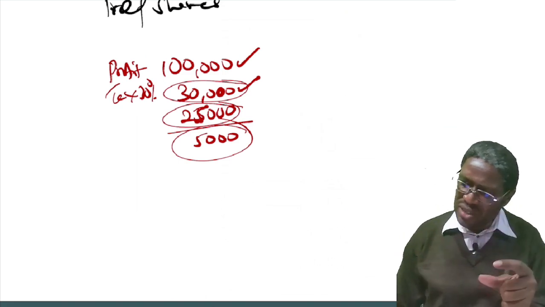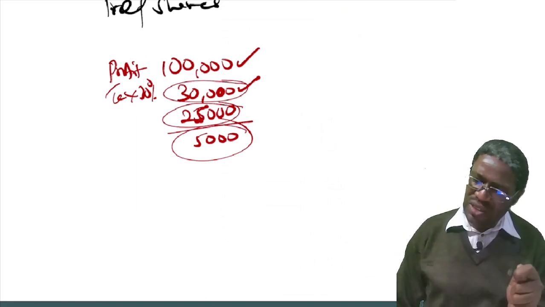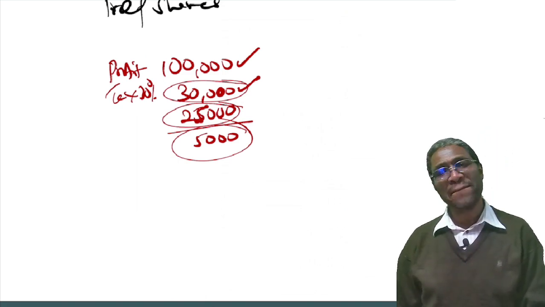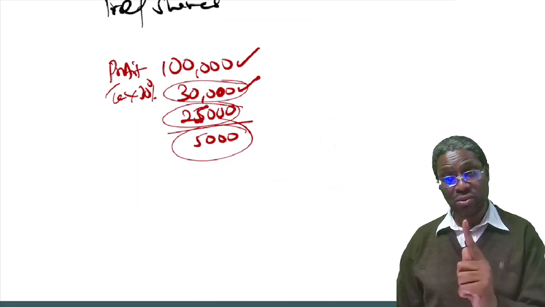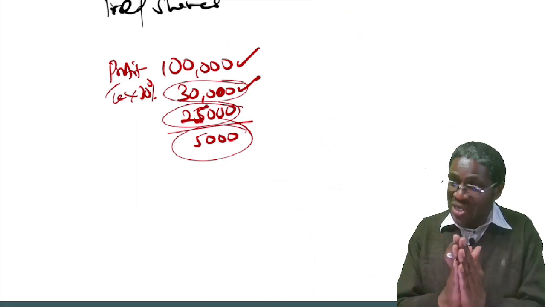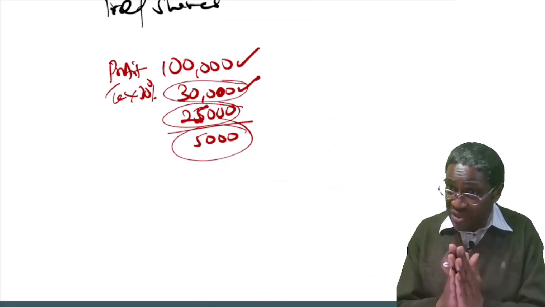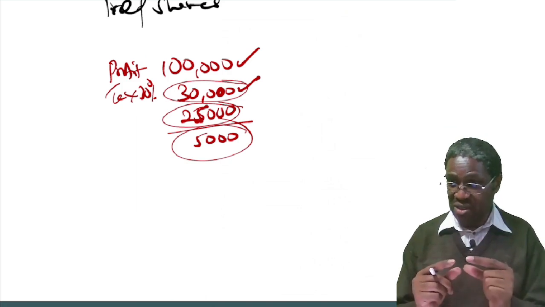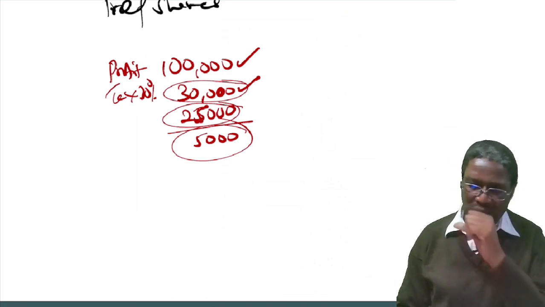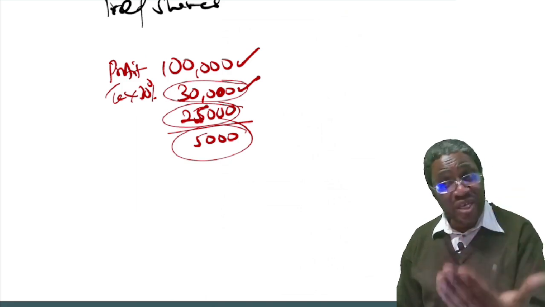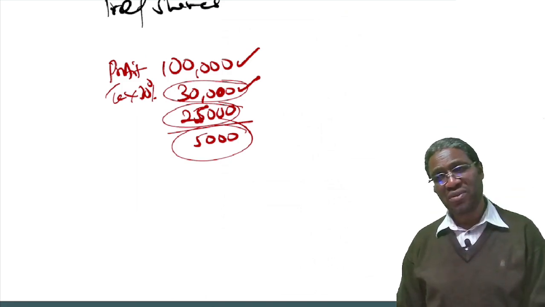The question is this: does it mean that as a company, I am not going to pay that 5,000? The answer is no. According to the taxman's rules this year, you pay 25. But according to your rules, you're supposed to pay 30. That does not mean that you're not going to pay that extra 5.